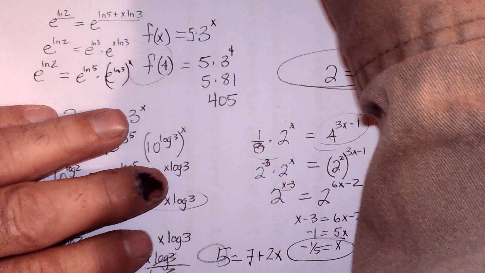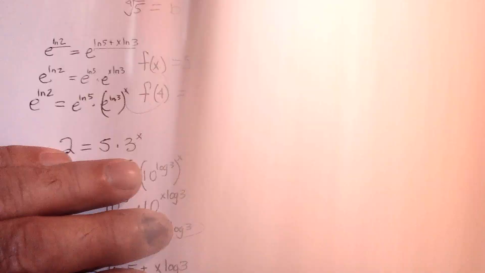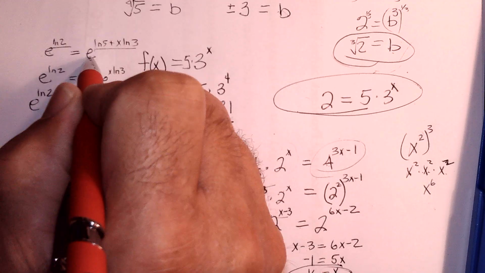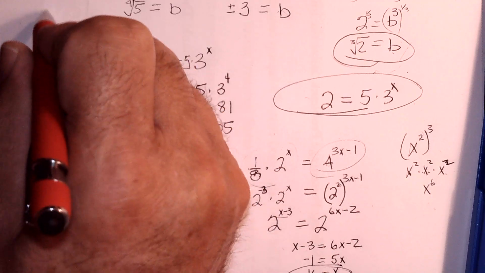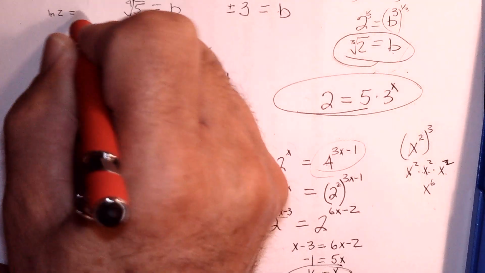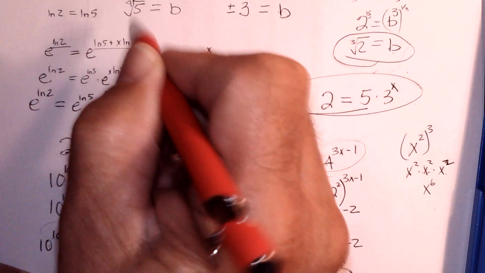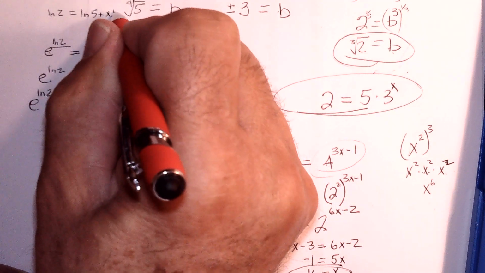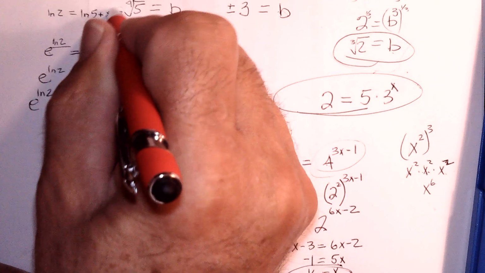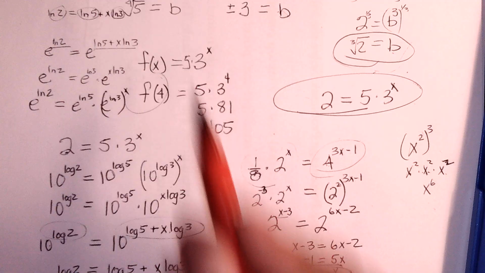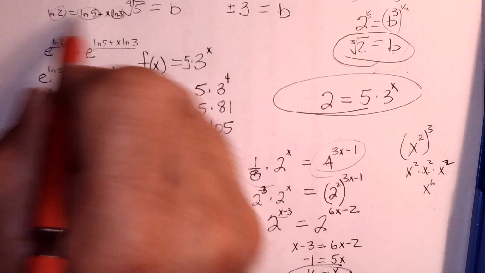And so I got to move up here. Since the bases are the same and there's a single base on each side, ln 2 equals ln 5 plus x times ln 3. That's just a number, that's just a number, that's just a number. And that's again like the equation we had down there.